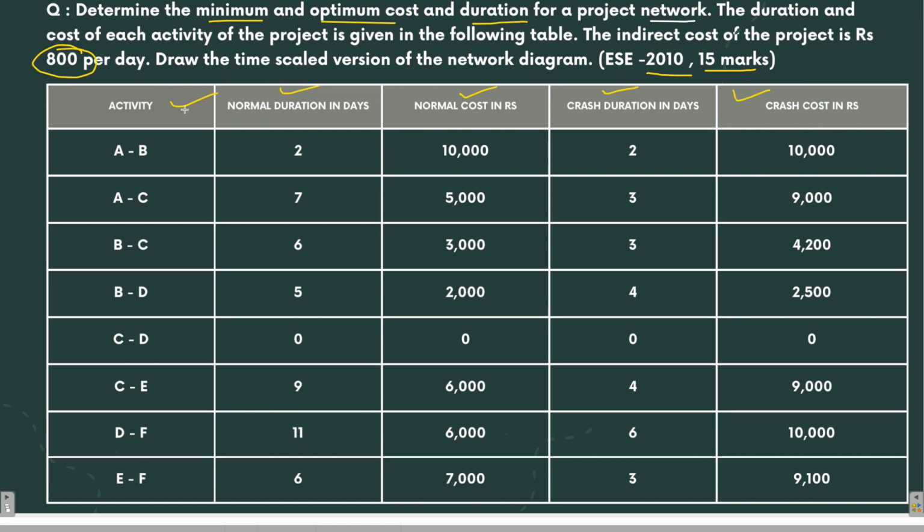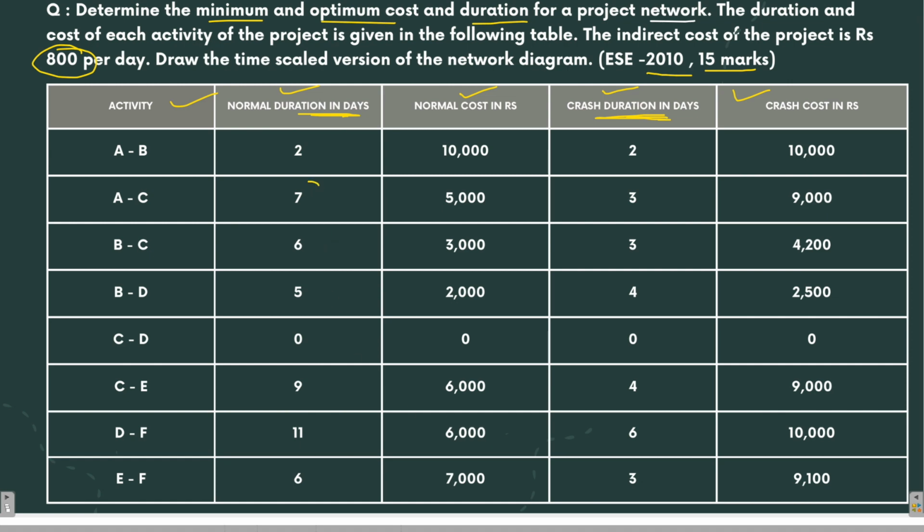So let's first understand the question. Activities, normal duration, and crash duration are given. Crash duration is the duration to which we can reduce our activities.